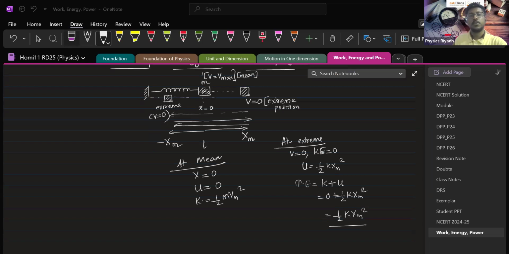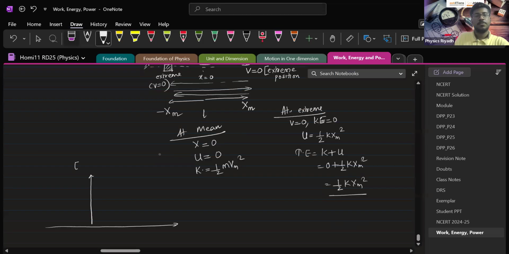Okay, so if you draw a graph of energy versus position, energy versus displacement for the spring, when the displacement is zero, mean position, which energy is maximum there?